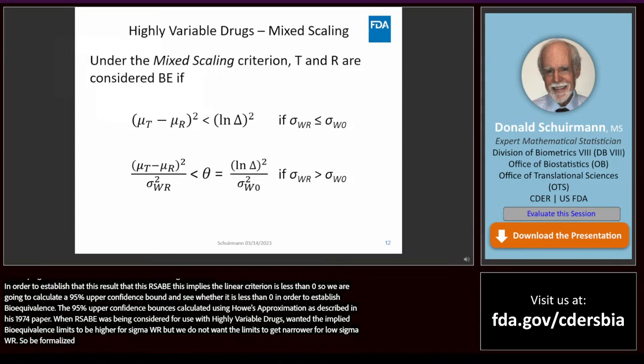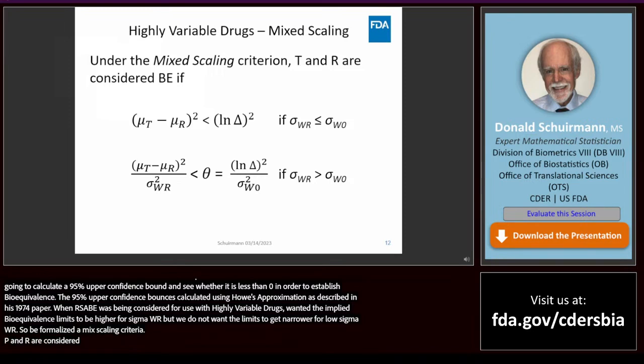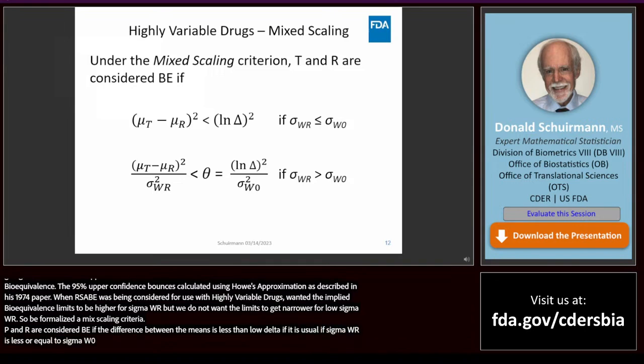T and R are considered bioequivalent if the difference between the means is less than log delta, that is the usual average bioequivalence criterion, if sigma WR is less than or equal to sigma W0, or if the reference scaled average bioequivalence criterion holds if sigma WR is greater than sigma W0.